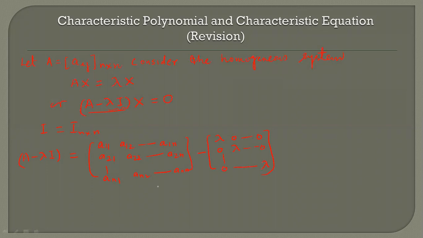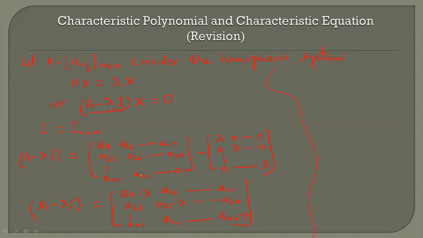Last entry will be lambda. If we subtract lambda I matrix from matrix A, we will get A minus lambda I matrix equal to A11 minus lambda, A12, and so on, A1n, A21, A22 minus lambda, and so on, A2n, and last row will be An1, An2, Ann minus lambda.